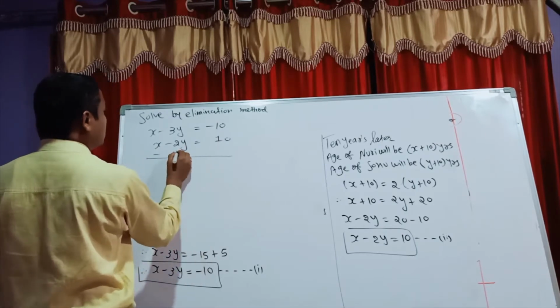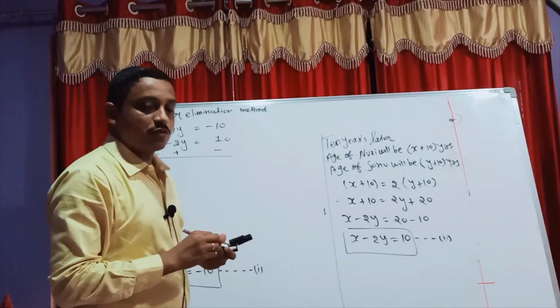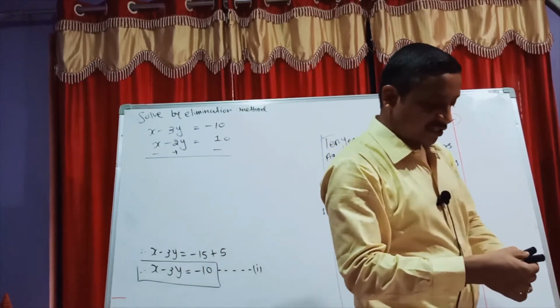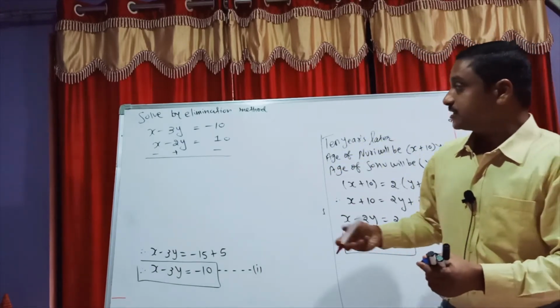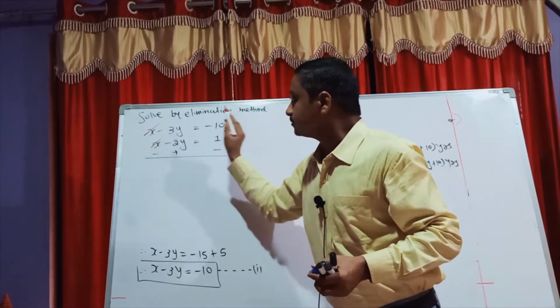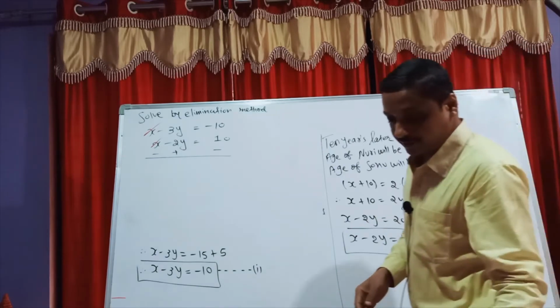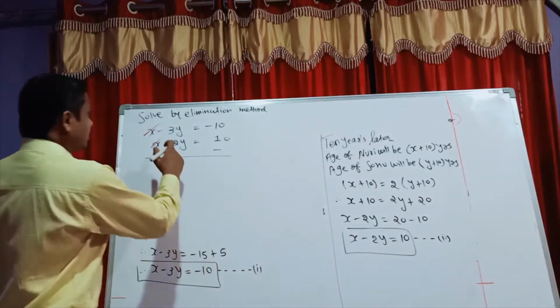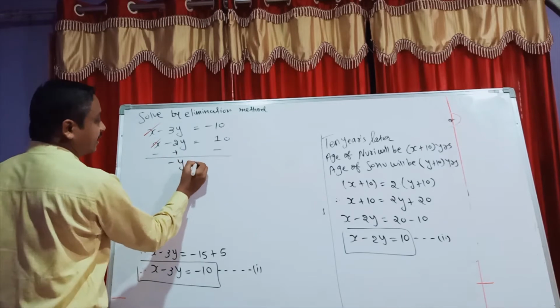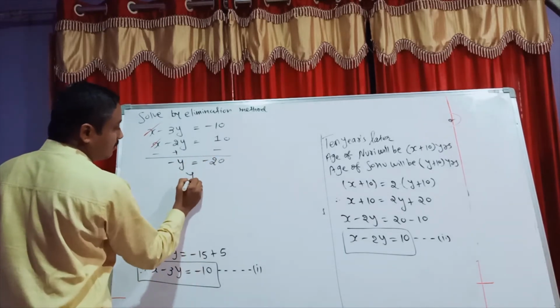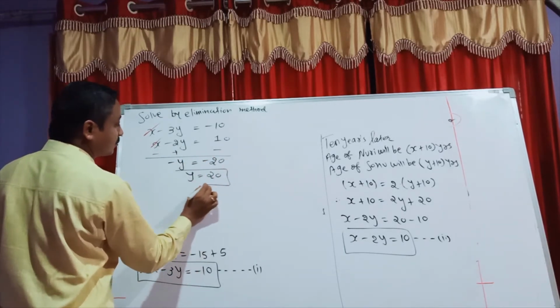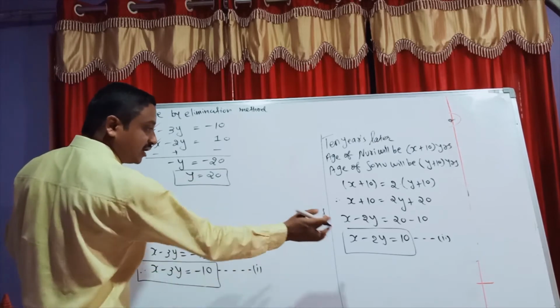And just here the symbol changes, because the cancellation is available for x and x. You get just only this much: minus 3y plus 2y, it is minus y. And here minus 20. So y becomes 20. And now apply this in equation 1 or 2.